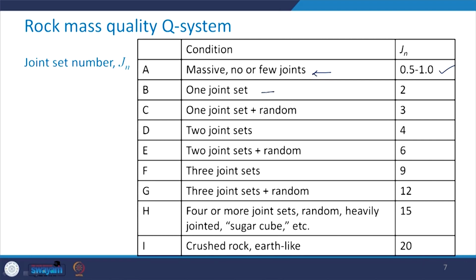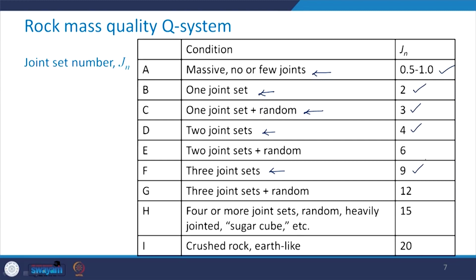If the rock mass has only one joint set, the rating to Jn which is assigned is 2. If it has one joint set plus some random joints, then the rating is 3. For 2 joint sets it is 4, for 3 joint sets it is 9.